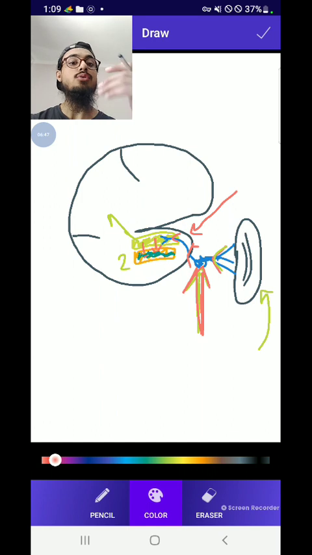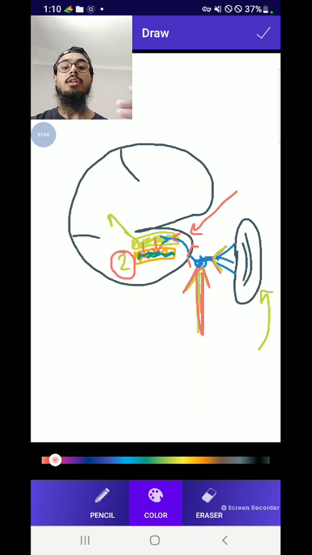But if you can hear it but you cannot know the meaning of it, it is because the second area is damaged. You don't know the meaning of the sentence of any person talking to you. But if there is damage to the first area, the primary auditory cortex, you cannot even receive the information, you cannot hear properly. So these are all pathologies related to this pathway.